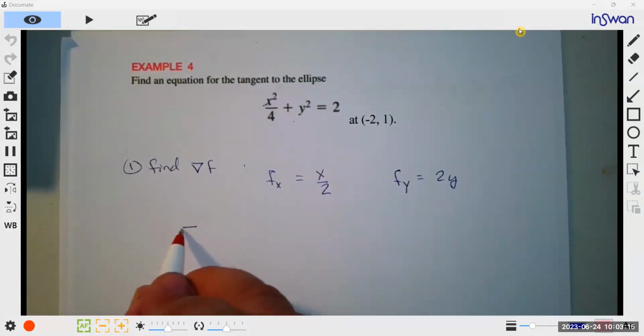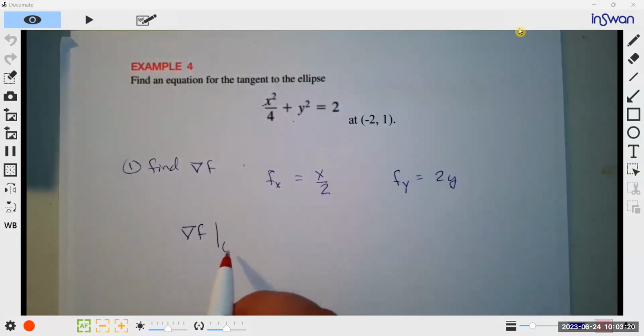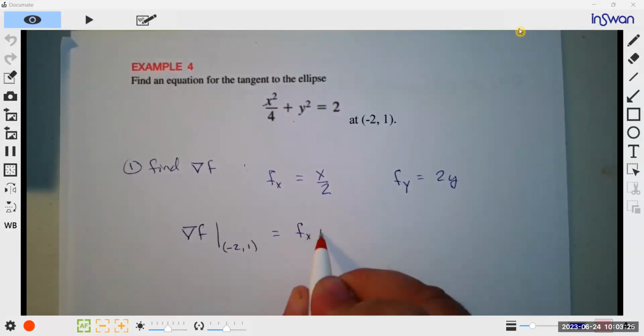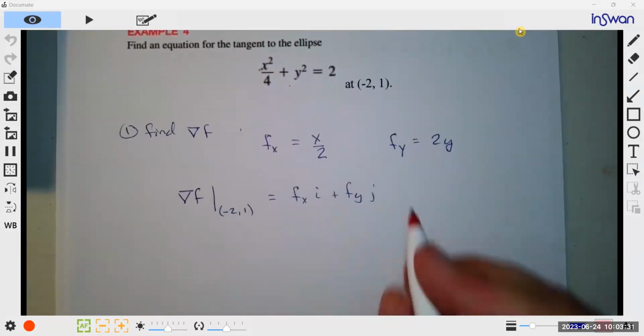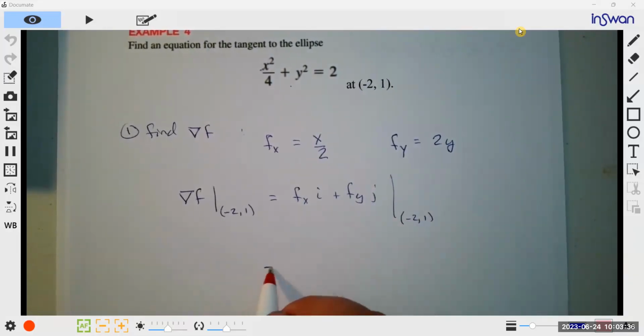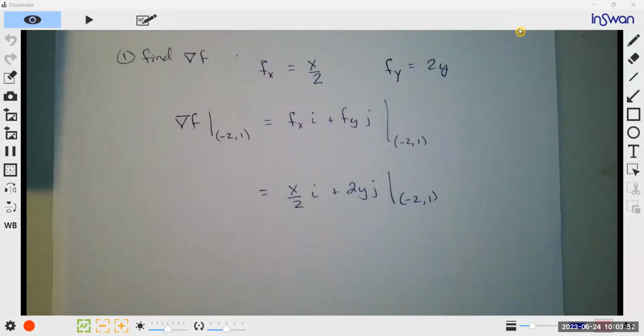Right, so our del f at the point -2, 1 is equal to f sub x i plus f sub y j at -2, 1, which gives us x over 2 i plus 2y j at -2, 1.